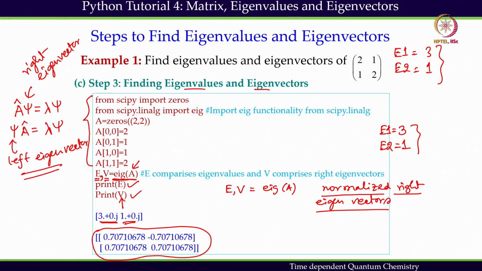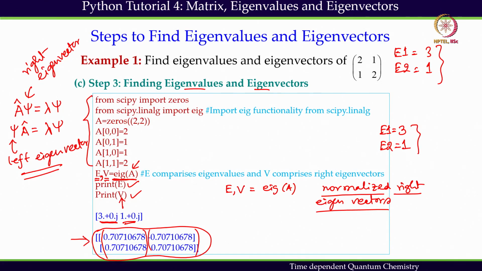What we have got here is the normalized vector, this is one vector, another vector is this one. So, there are two eigenvectors which are clubbed together in this array.